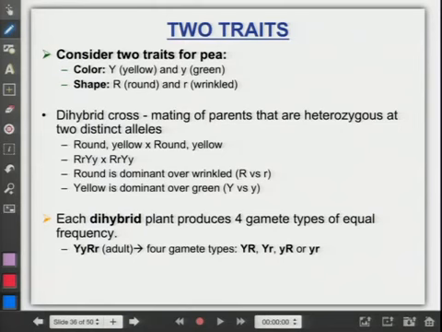So I'll go through these and then we'll do at least a couple examples, I think. And how do you know if I'm talking about 2 traits or 1 trait? I'm telling you the phenotype about 2 different things. Tall and short is 1 phenotype: 2 alleles, 2 types of the same gene, height.